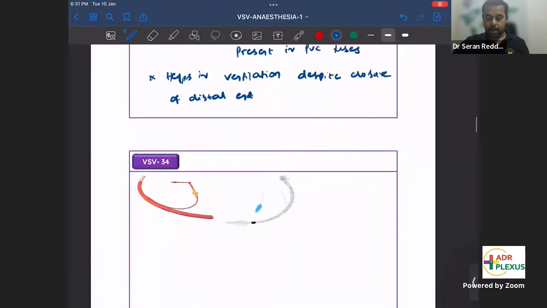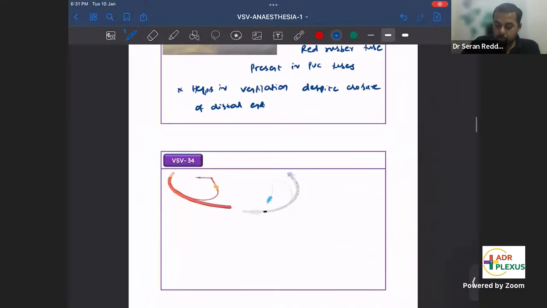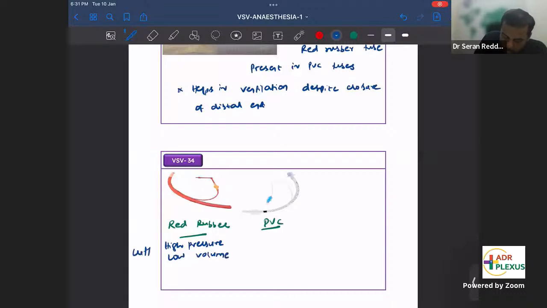Okay. Then the difference between red rubber and PVC tubes, again important. Two major important differences. Red rubber has a high pressure, low volume cuff. And PVC has low pressure, high volume.